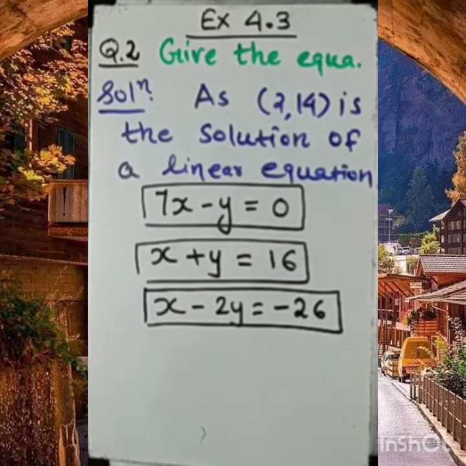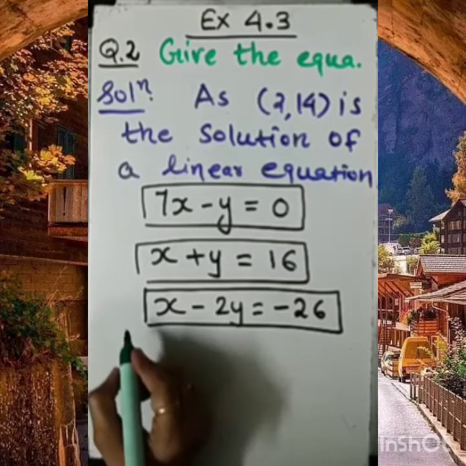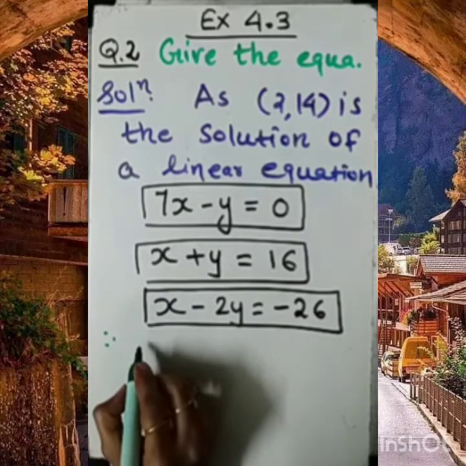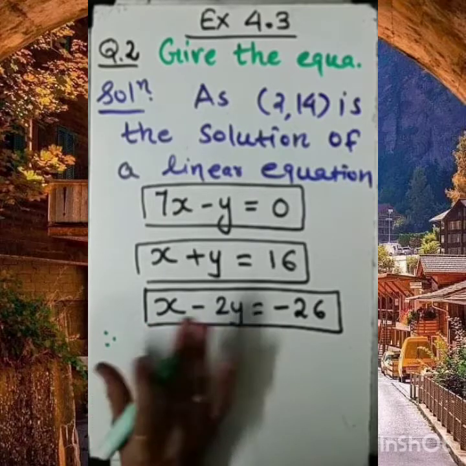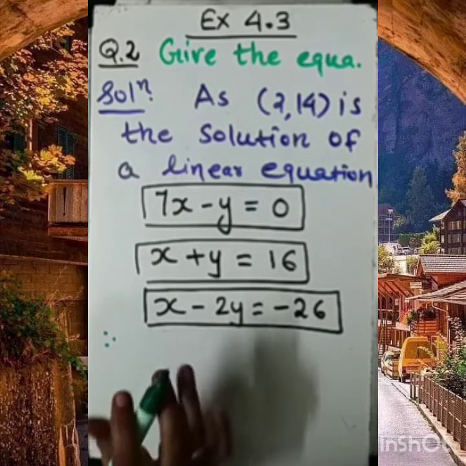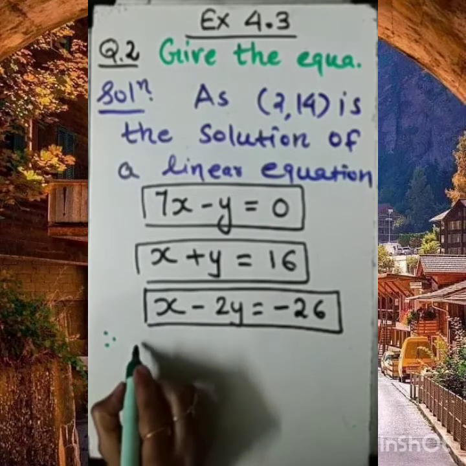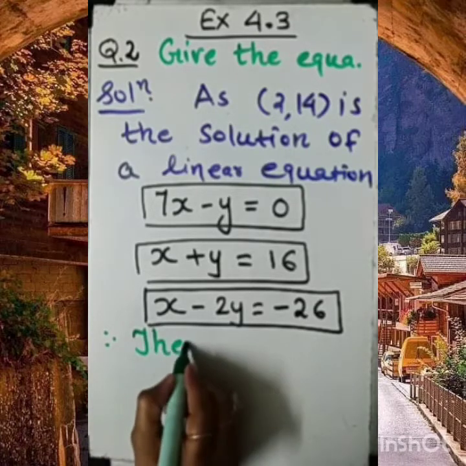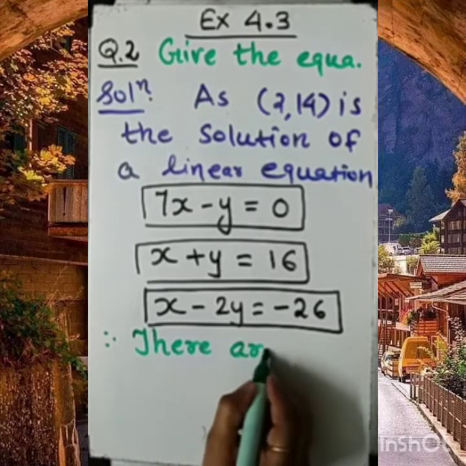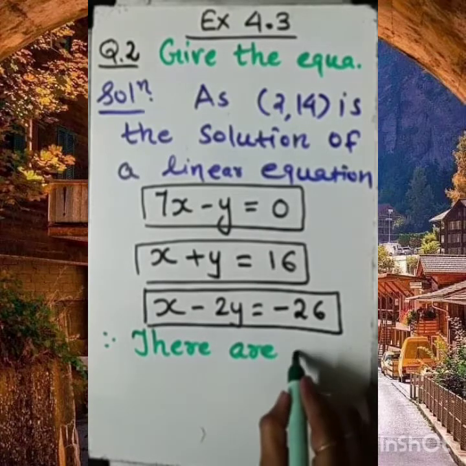So dear student, such a type of equation, we can have many. So let's come to the final conclusion. Through all these linear equations, we can come to the conclusion there are innumerable, means infinite, we can use the word.